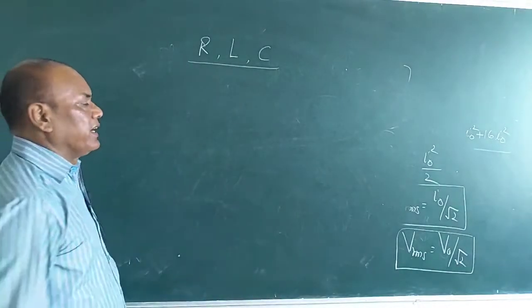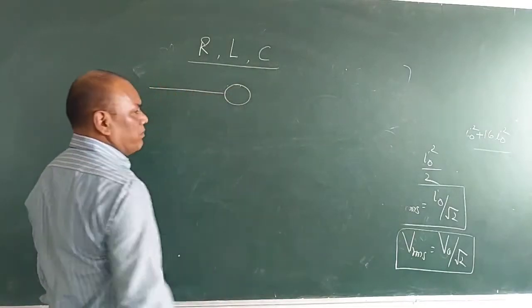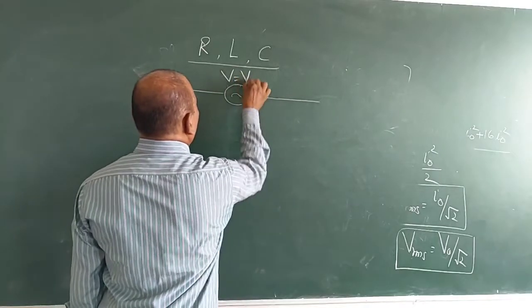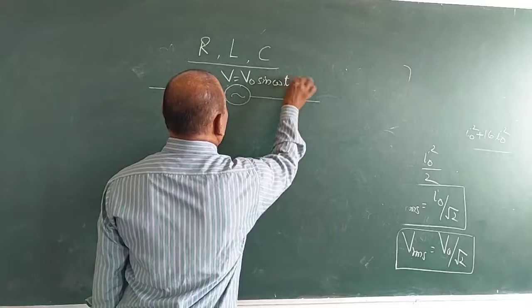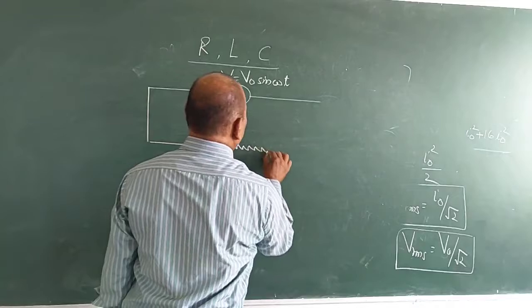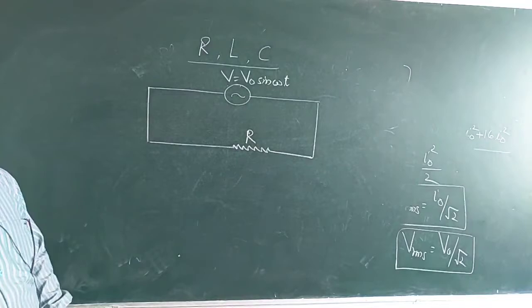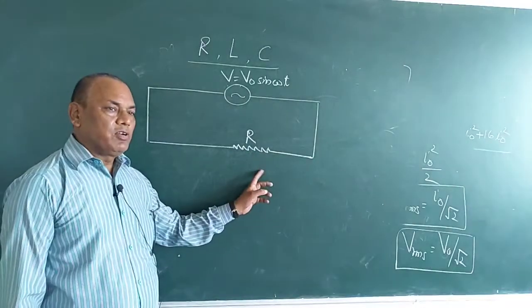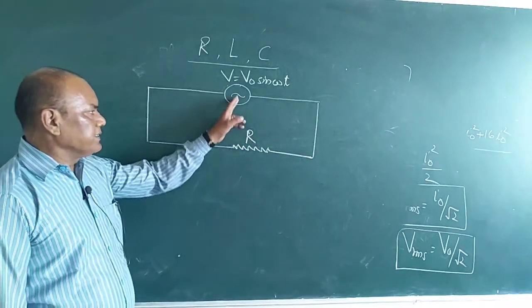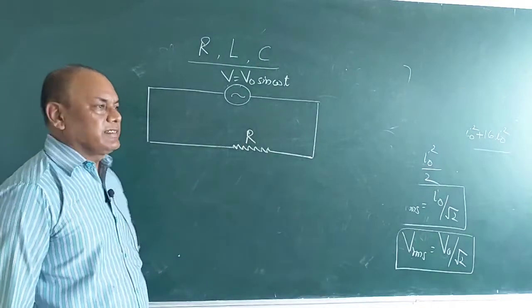Now in the case of resistance, let us suppose this is the symbol for the alternating source. This is V equals V0 sin omega t, and it is connected only to a resistance, because we want to find the phase relation between voltage and current in the case of resistance. Since it is connected to the alternating source, alternating current will flow through this resistance.